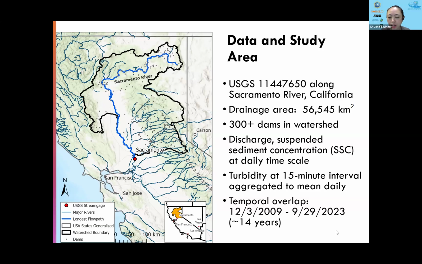The data we found is water discharge and suspended sediment concentration at the daily scale. The USGS gauge we were looking at, the red point on the map, also collected turbidity at a 15-minute interval. There was a period of overlap that spanned about 14 years where all data was available, so that's what we focused on.